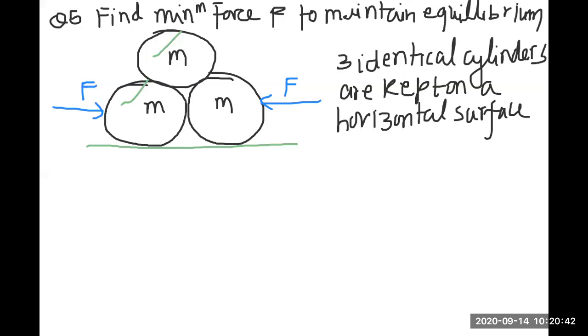Symmetry. Good part. Very good. It's because of symmetry. The FBD of the lower 2 objects will be mirror images of each other. So I don't need to draw 3 FBDs.